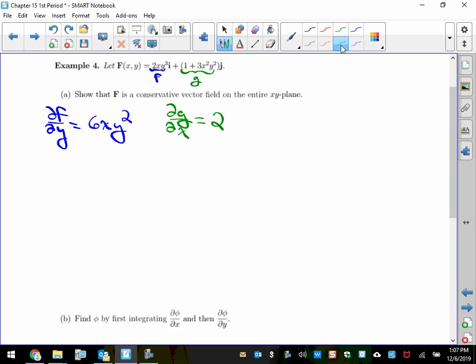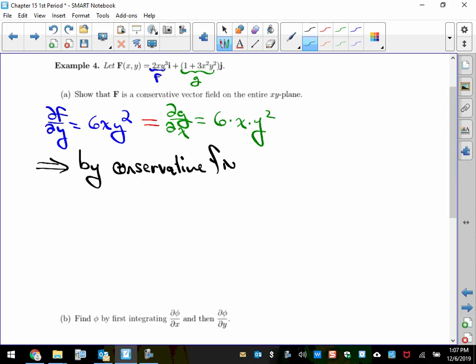So the partial of g with respect to x is 6 times x times y squared. So these two are equal. So then we can say by the conservative field test, F is conservative.